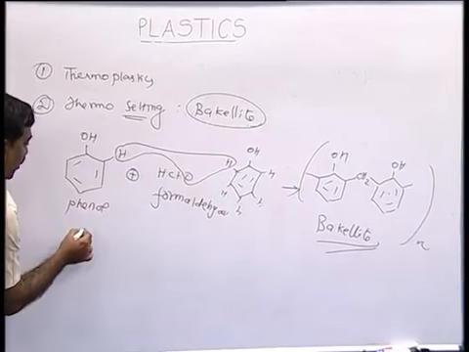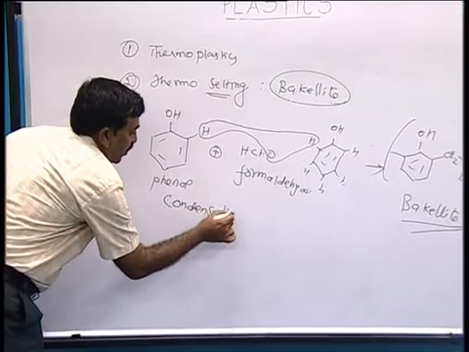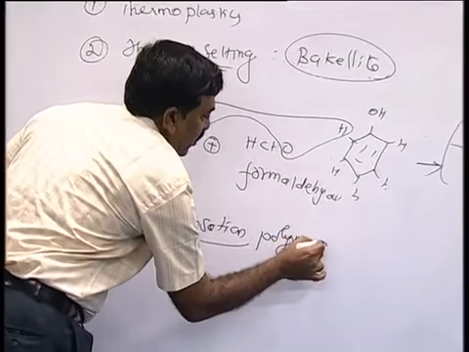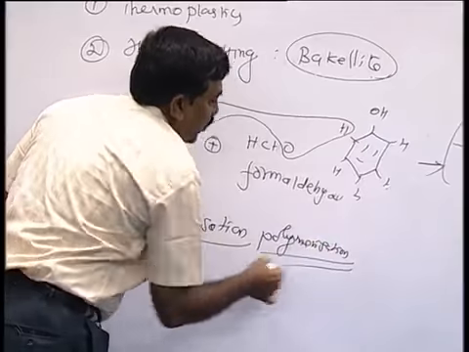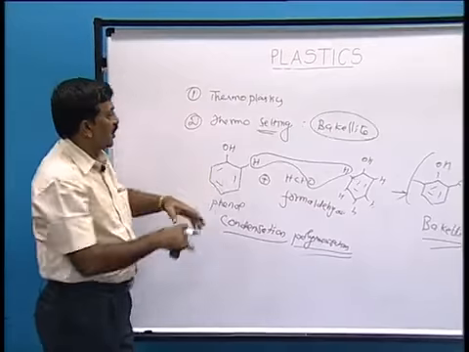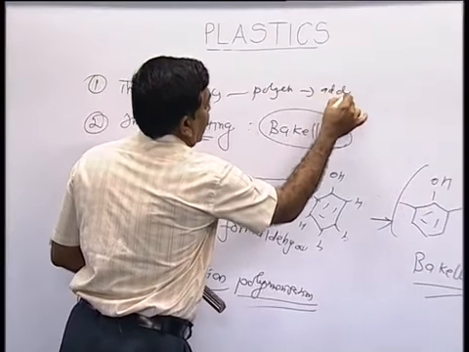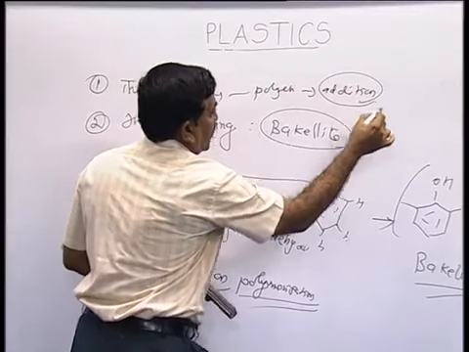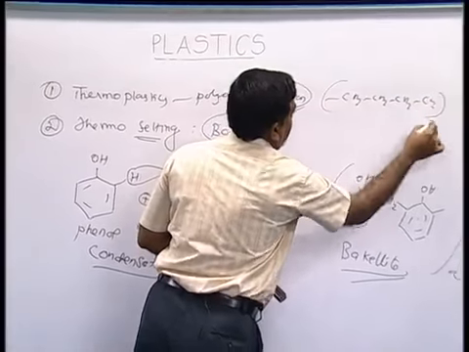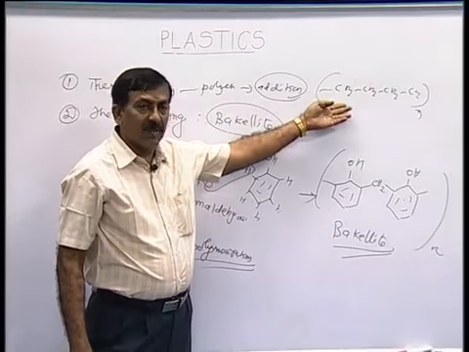So this type of polymerization reaction is called condensation polymerization reaction. Condensation polymerization. You must make a difference between the two types of polymerization. Thermoplastic polythene is formed by addition polymerization reaction, like a chain polymerization reaction, no loss of molecule is taking place here.